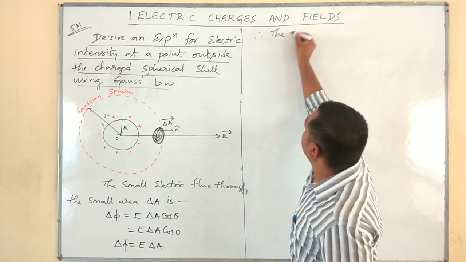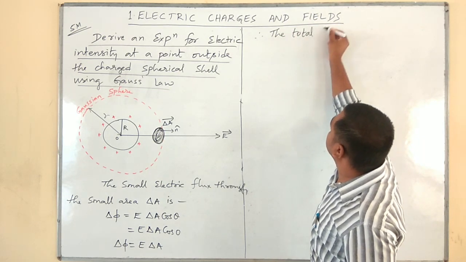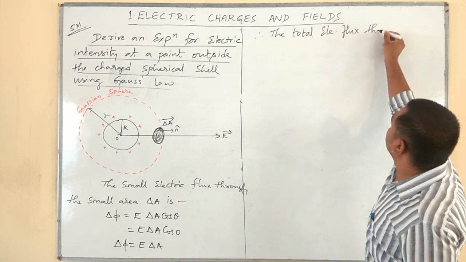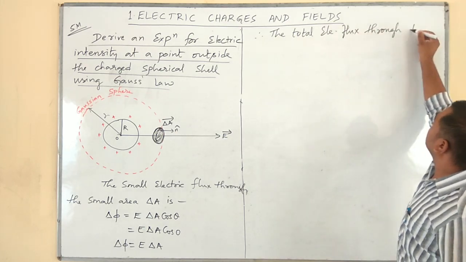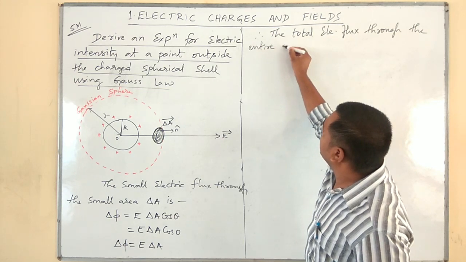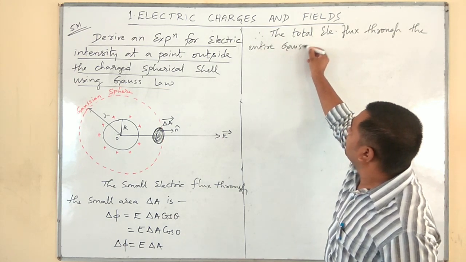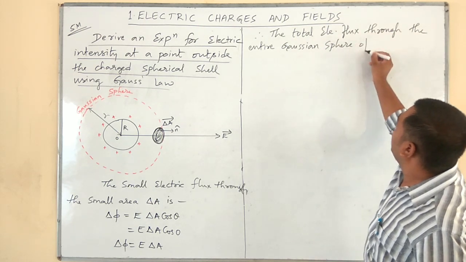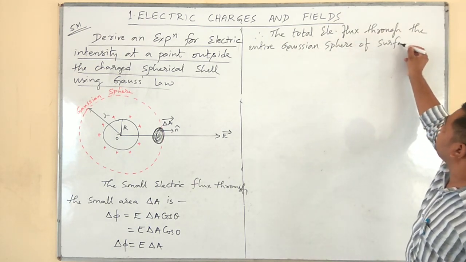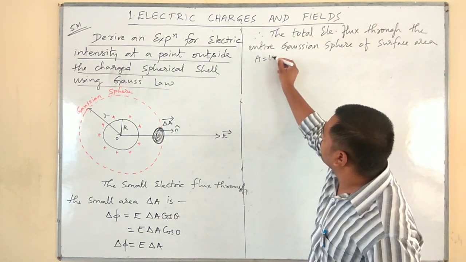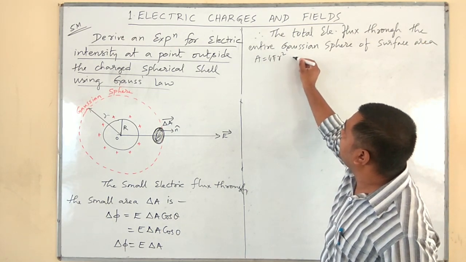But our intention is to find the total electric flux through the entire Gaussian sphere. Therefore, the total electric flux through the entire Gaussian sphere of surface area A equal to 4 pi r square.